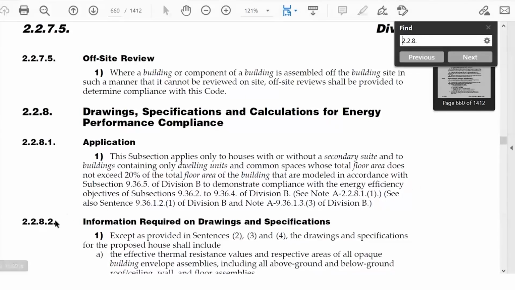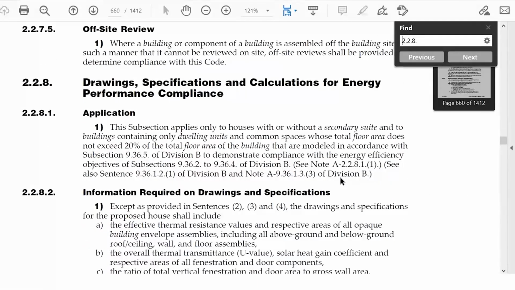The ones designed for in the previous subsections are part of building design and meet the energy efficiency specification because they're constructed in accordance with the provisions of the code. But if you opt for doing modeling for the house, this is the minimum specification for energy performance compliance, and that's why this subsection applies only to houses with or without secondary units.